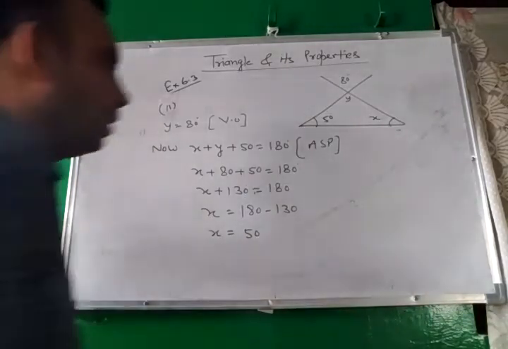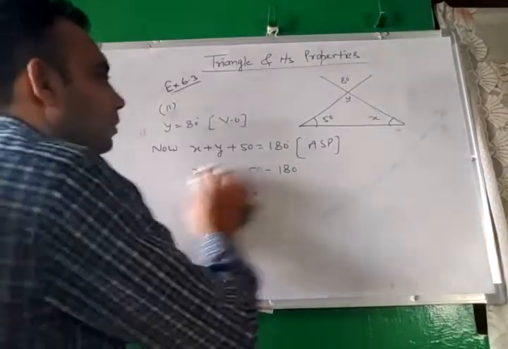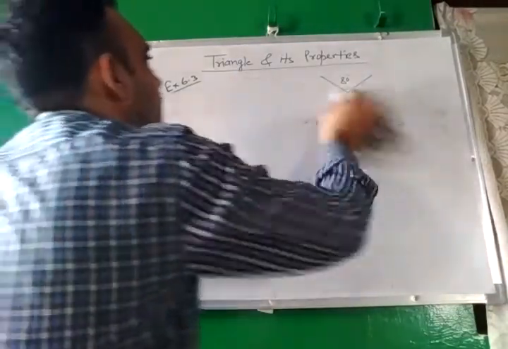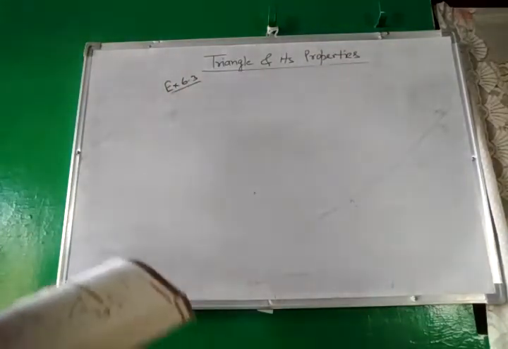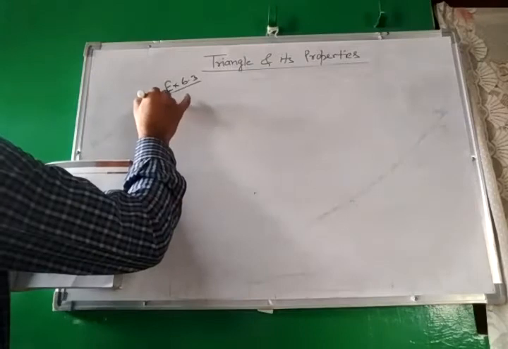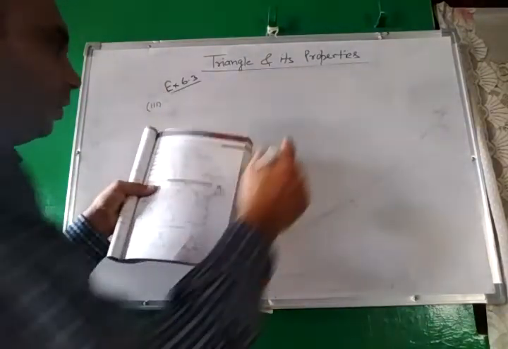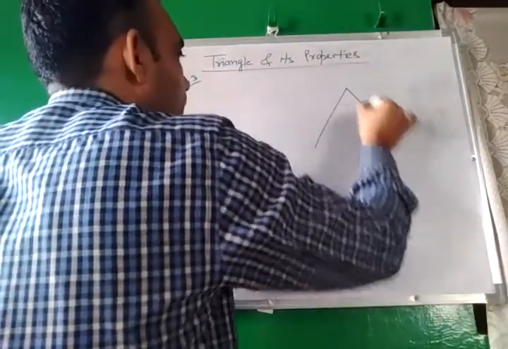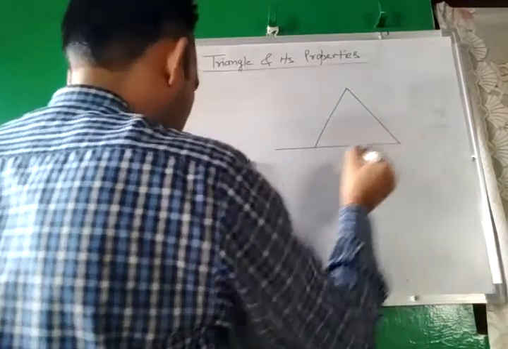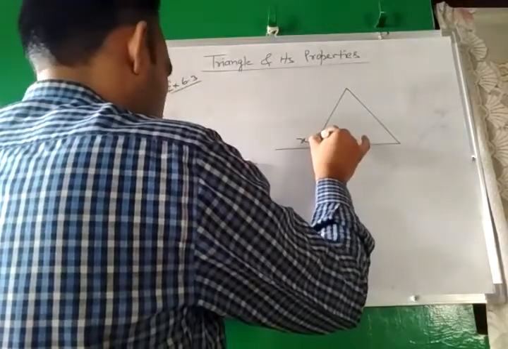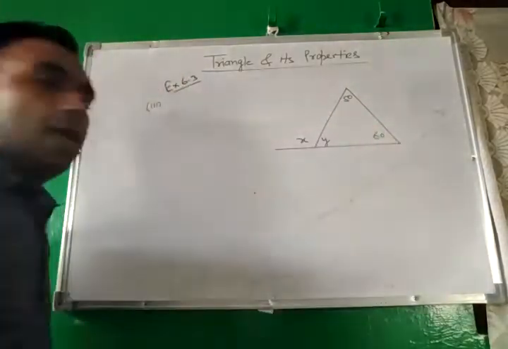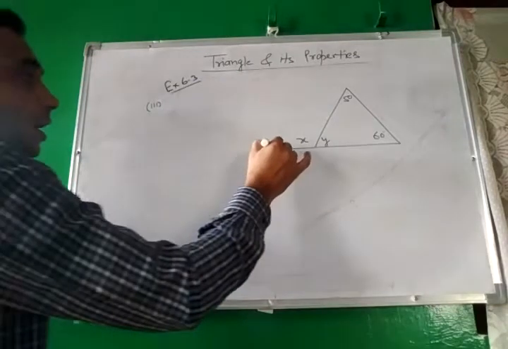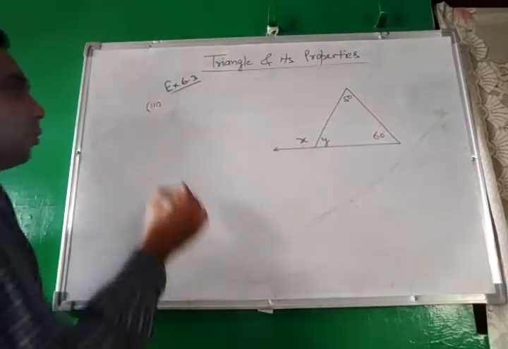Same, part number 3. Given this is a triangle, this is x, this is y, this is 50, this is 60. x is the exterior angle, so we will use the exterior angle property.